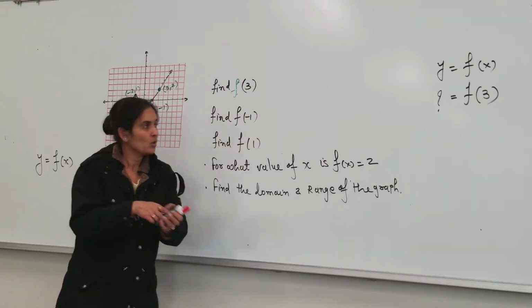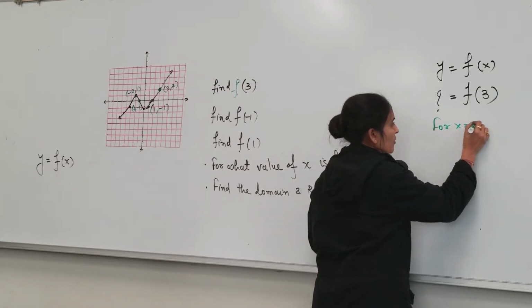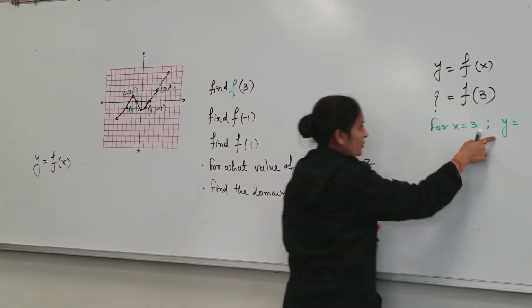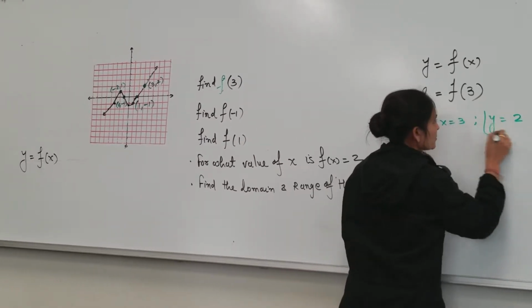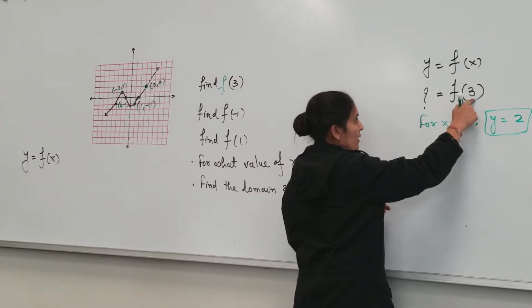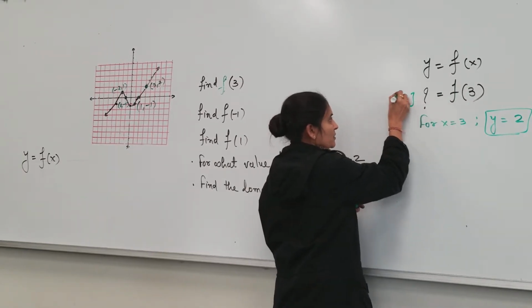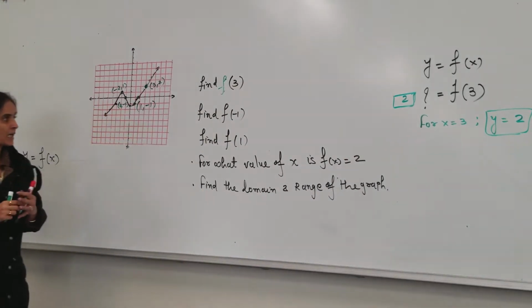So for x equals 3, my associated value for the given function is what? 2. So the value of the function at 3 is nothing but 2.